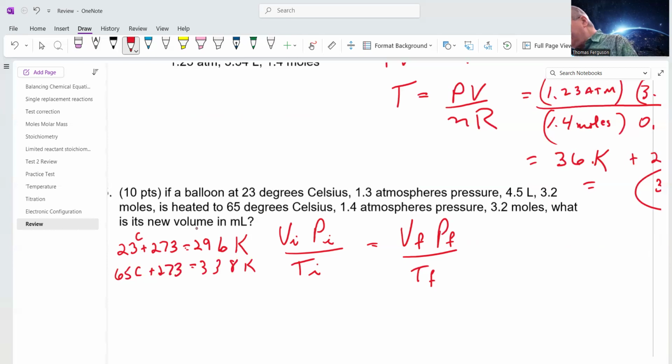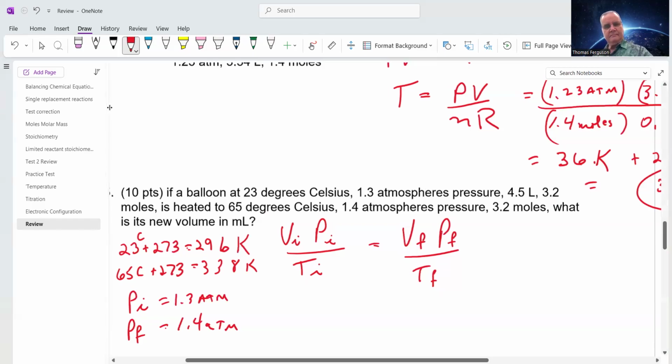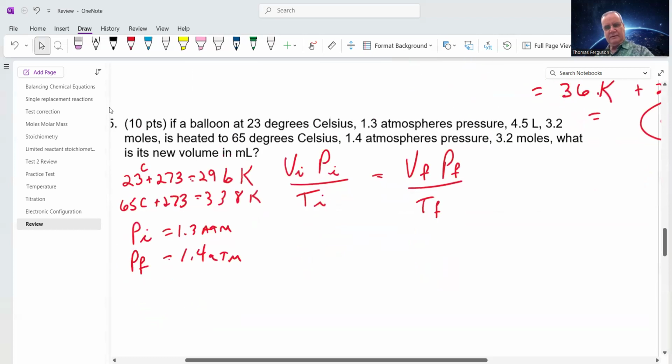Atmospheres change, so atmospheres went up a little bit. Volume. What did volume do?